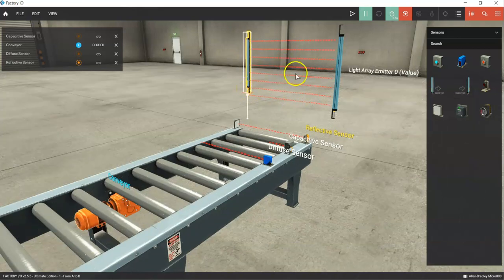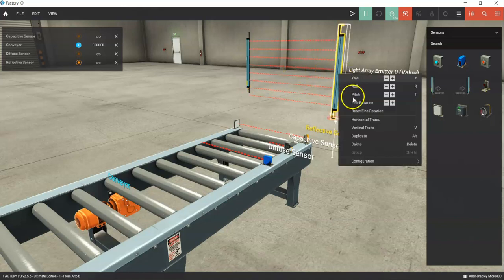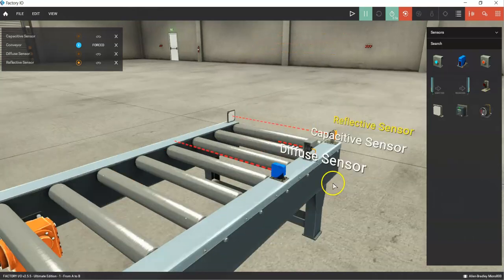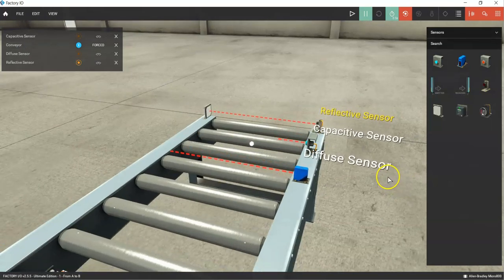And basically, if any one of these beams gets broken, even the top one only or the bottom one only or any in the middle, then it would trigger this whole light array. So this would be more for a larger application, like a larger box or something. They can measure something breaking or the presence of a person walking through this light curtain. So we wouldn't really use this for this application either. It's just a little bit larger than we would need. So our 3 sensors down here could potentially do the job for us.